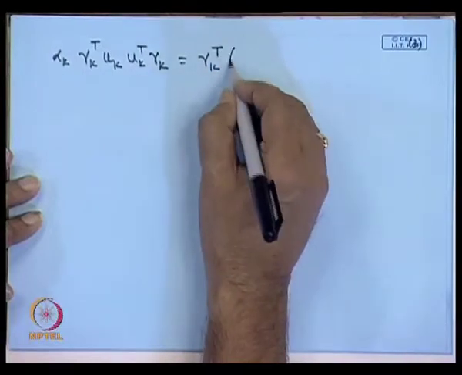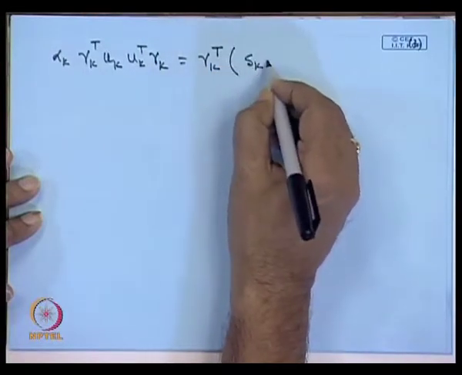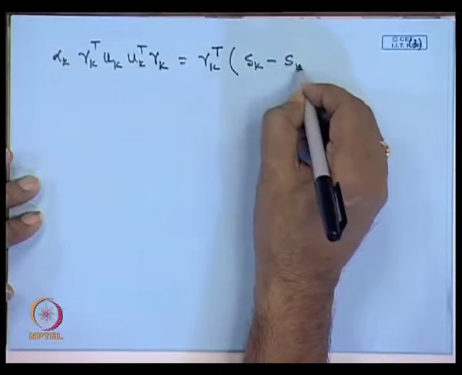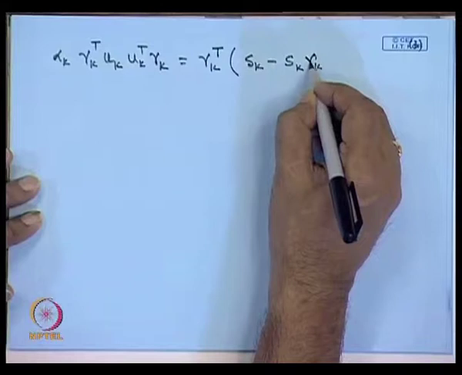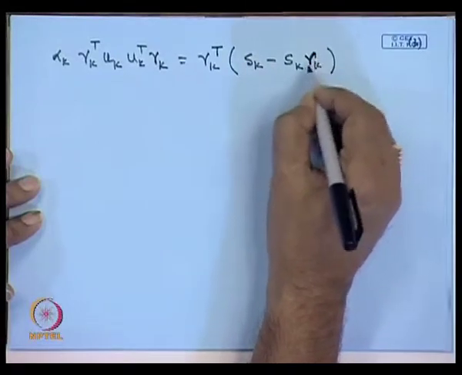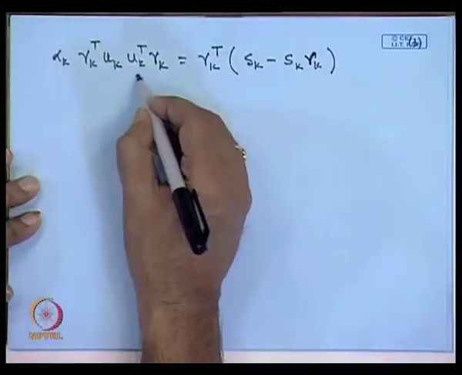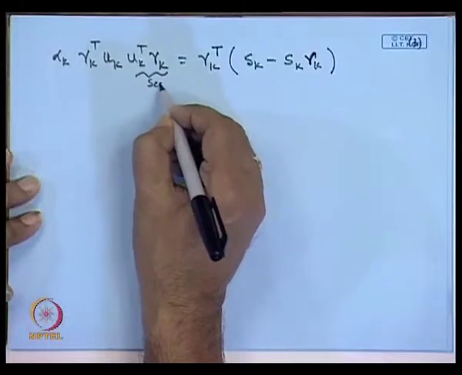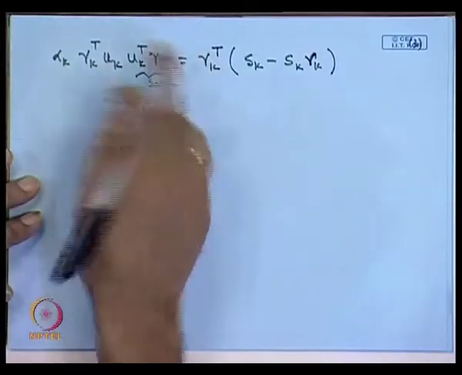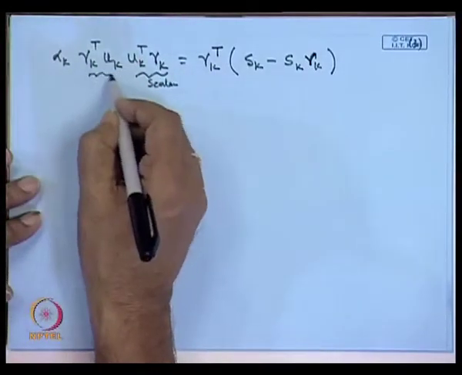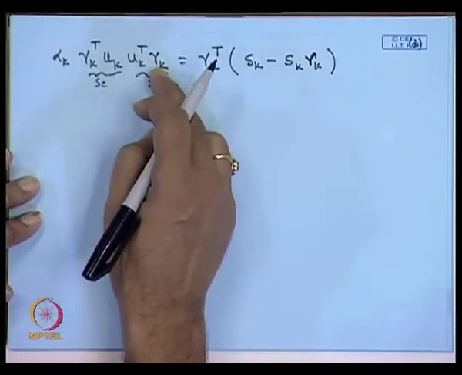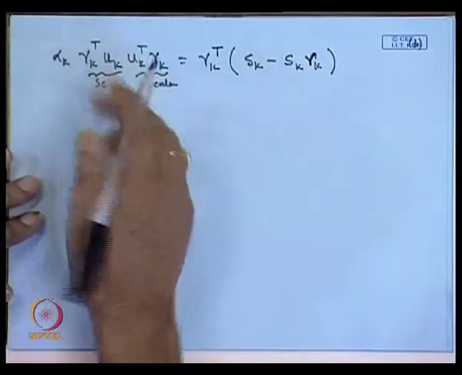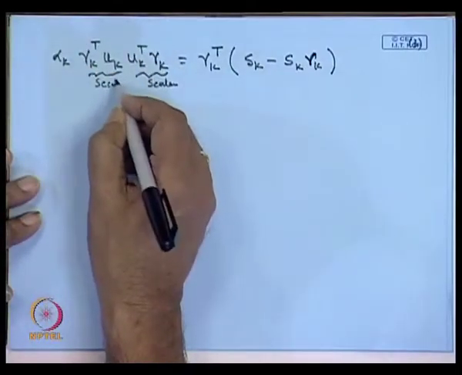because I multiplied both sides by gamma k, this equals delta k minus S k into gamma k, gamma k. Now you see this is a scalar, and the inverse of this scalar is also a scalar.